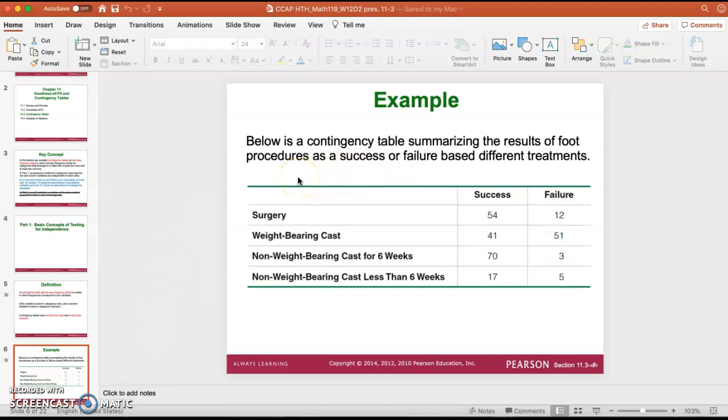Your two variables are the different types of treatments for one variable, and the success for the other. There are four types of treatments here, and the outcome was for sure a success or a failure. Notice there are frequencies in each of the cells, depending on whether, say, after surgery it was a success, or after surgery 12 were a failure, and so on.